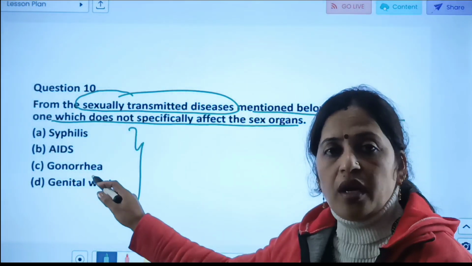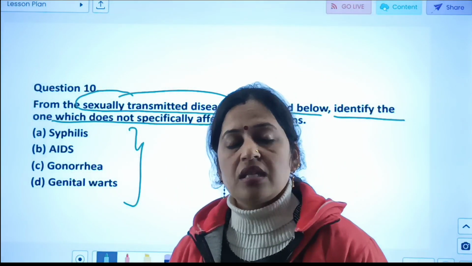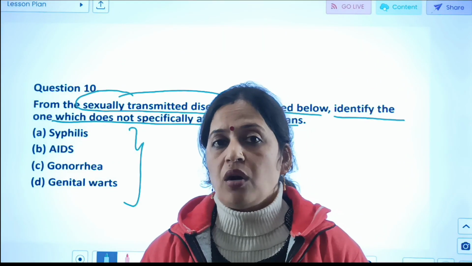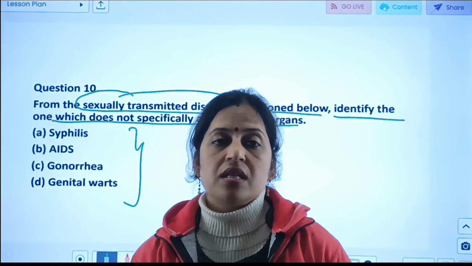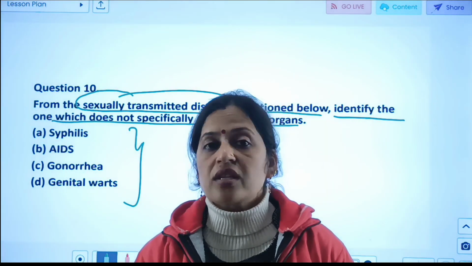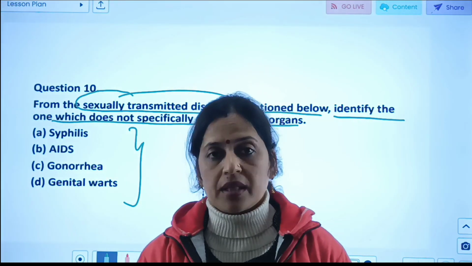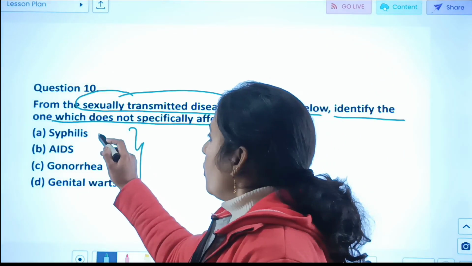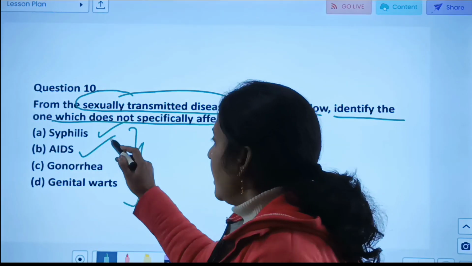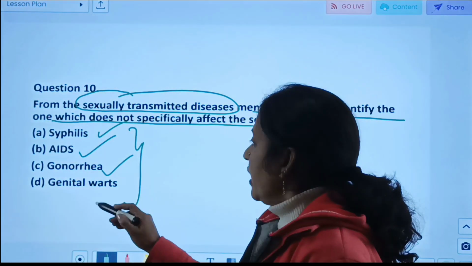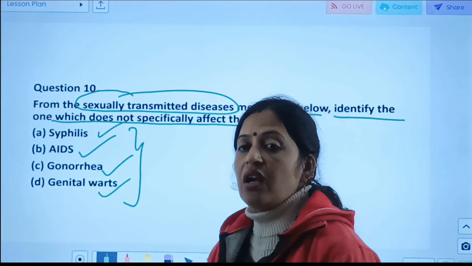All these are sexually transmitted diseases, and out of these you have to find out those which have no effect on the sex organs, जिसका sex organs के ऊपर कोई effect नहीं पड़ता है. Options हैं: number 1 is syphilis, second is AIDS, that is acquired immunodeficiency syndrome, third is gonorrhea, and the last one is genital warts.